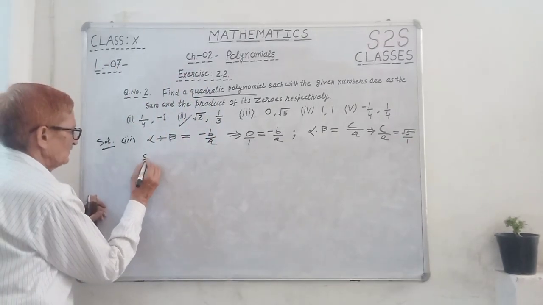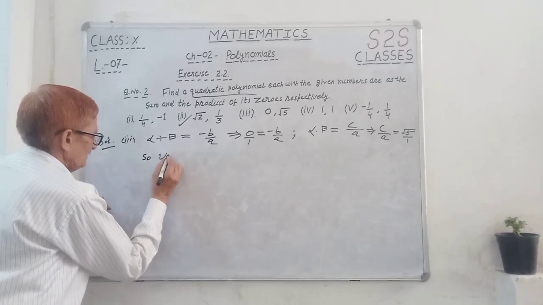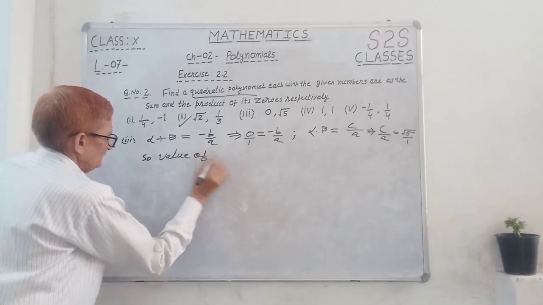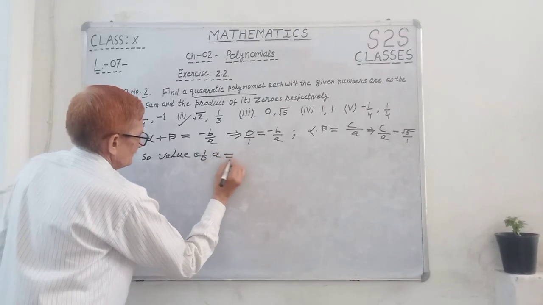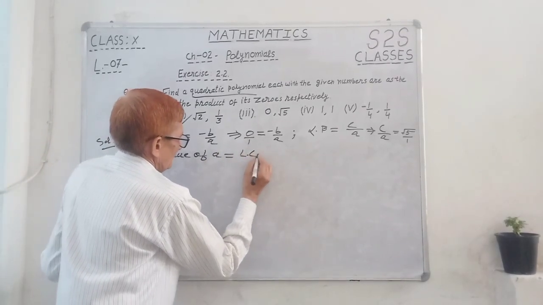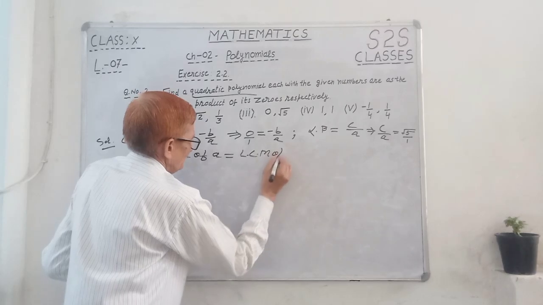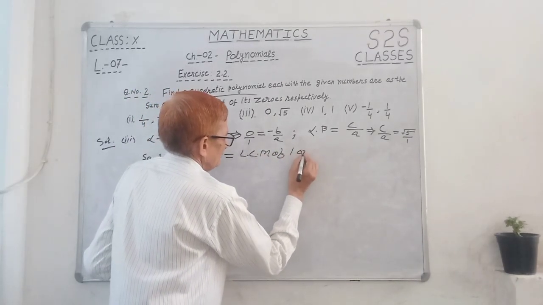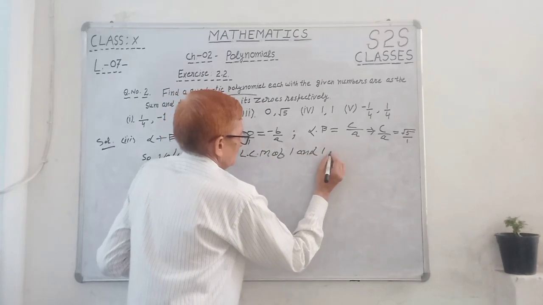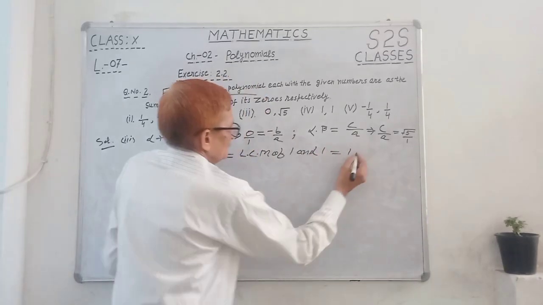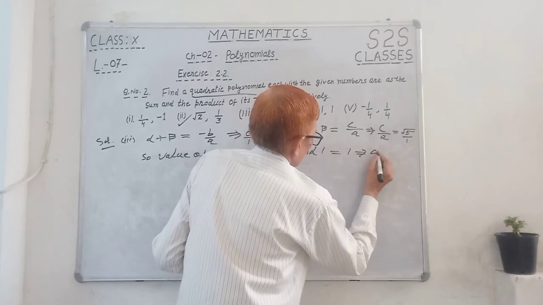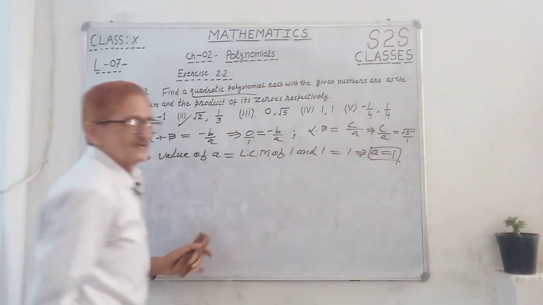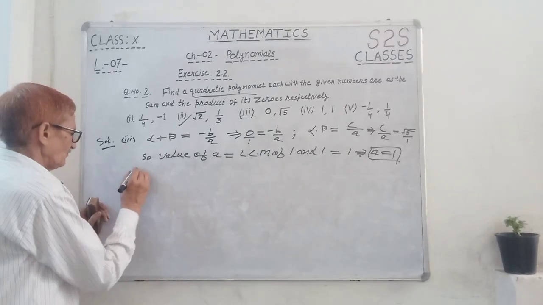So the value of a is equal to the LCM of denominators 1 and 1, which is equal to 1. So this implies a is equal to 1. Okay. After that, put this value in equation 1.